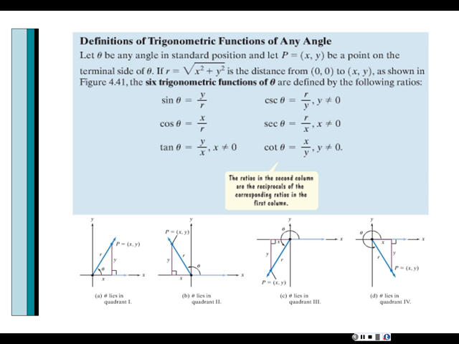So you see that all the 6 trigonometric functions are still the same, but we just replace opposite, adjacent, and hypotenuse by x, y, and r. Anytime you have adjacent, that will be x. Anytime you have opposite, that will be y. Anytime you have hypotenuse, that will be r. So we just modified those 6 functions.